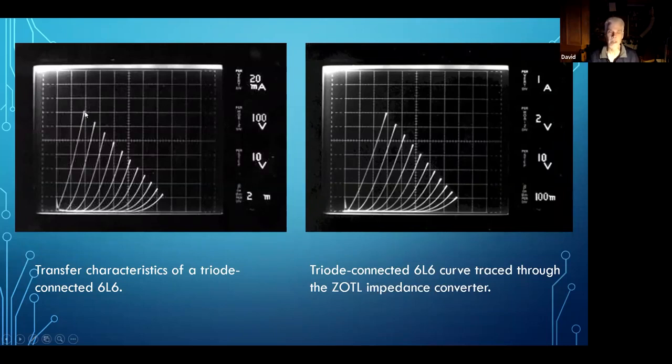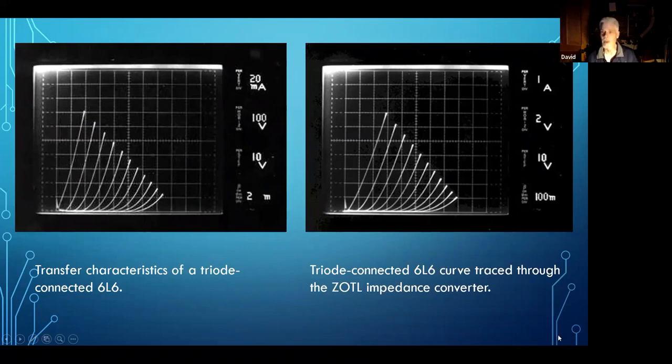So yeah, that's not going to go very far in driving a speaker. You're going to have a lot of voltage drop across your tube if you try and hook a speaker up to this directly, and that's why transformers are used. That shows the real problem of trying to use a tube to directly drive a speaker.